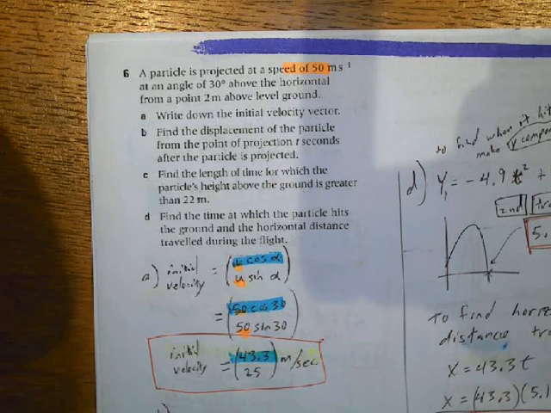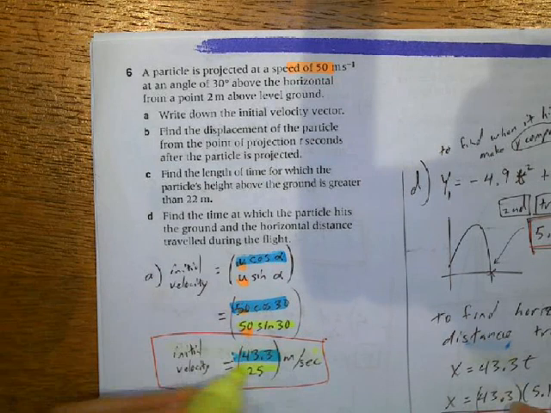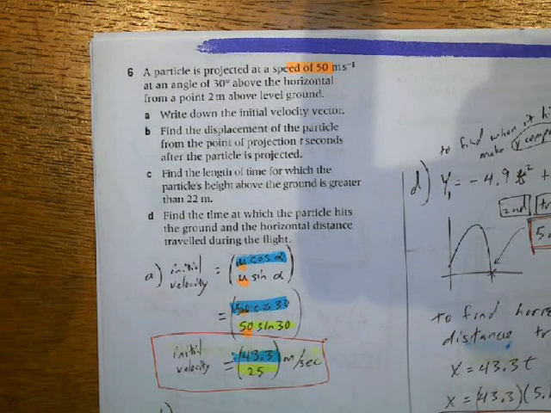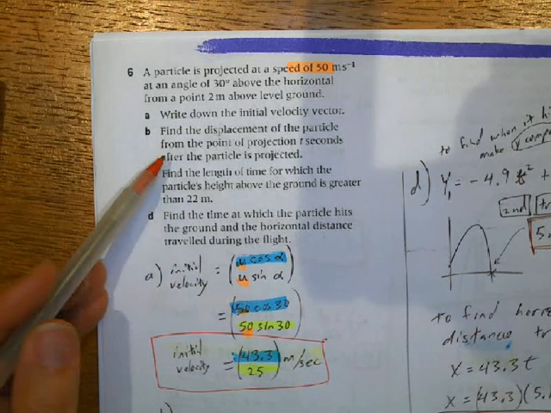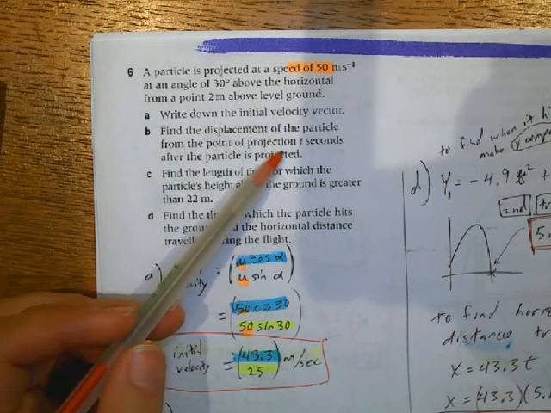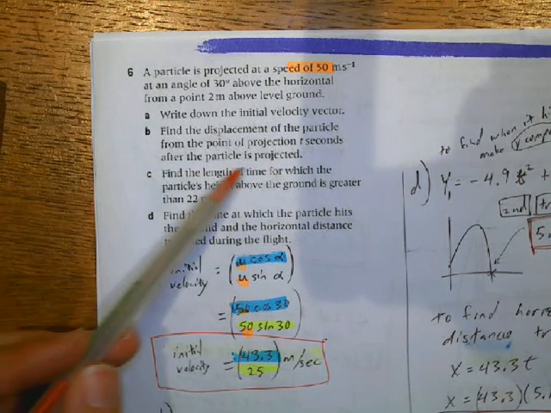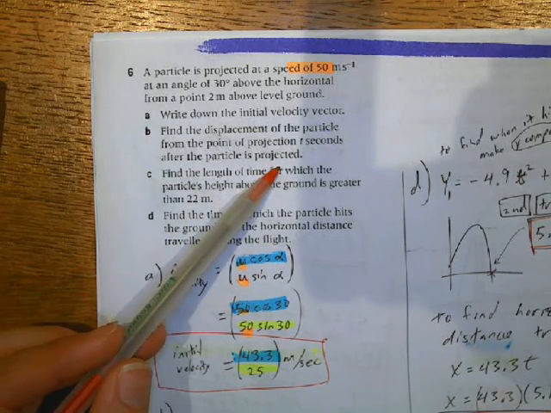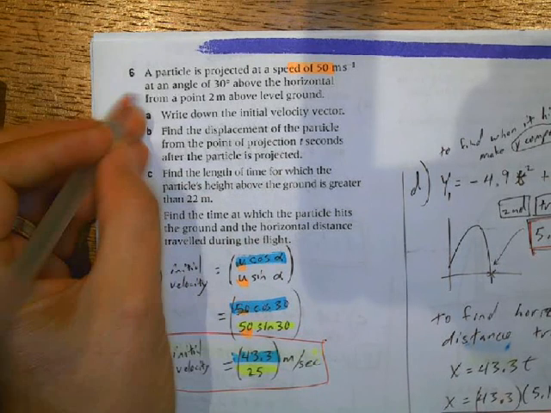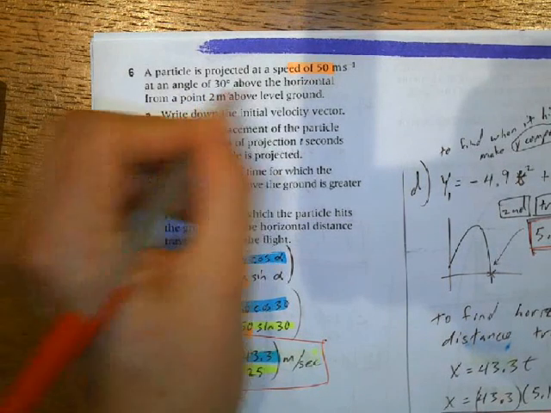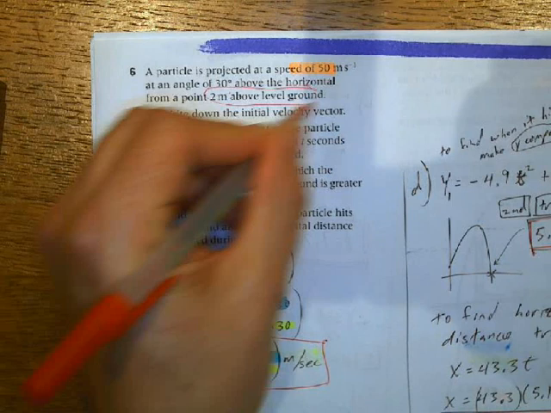And I'm going to multiply 50 times sine 30, and I'm going to get this value, and there is my initial velocity. Question B. Find the displacement of the particle from the point of projection t after the particle is projected. Okay, so remember, it starts off 2 meters above the ground, right?